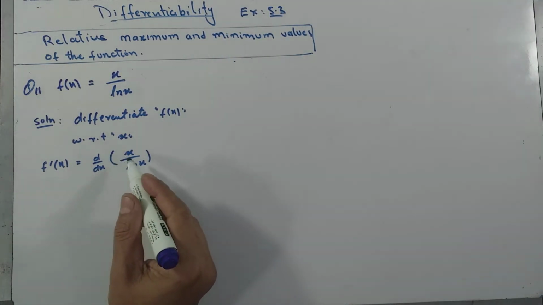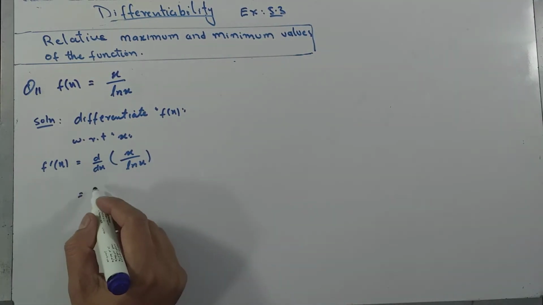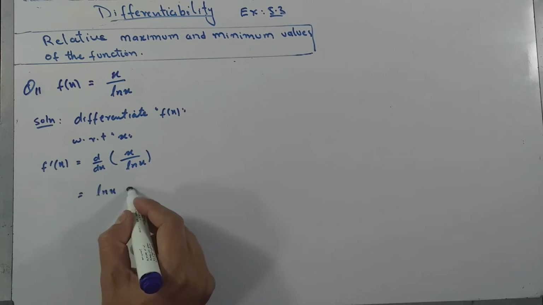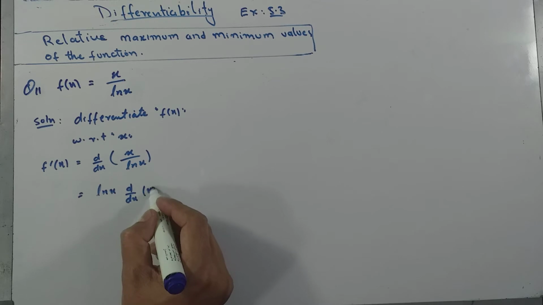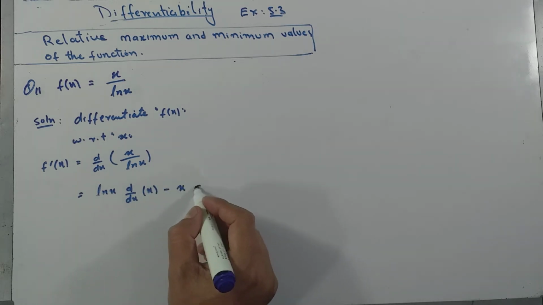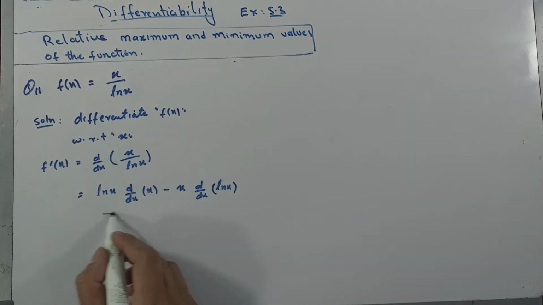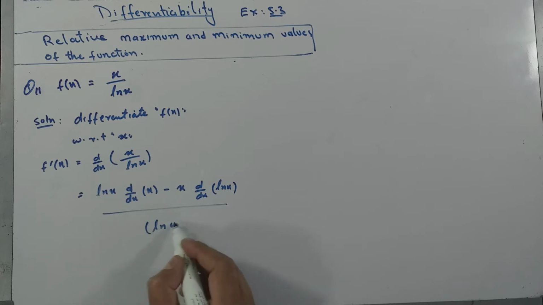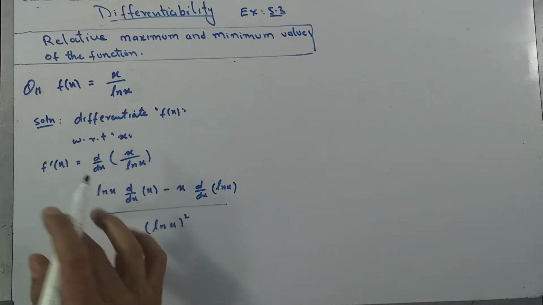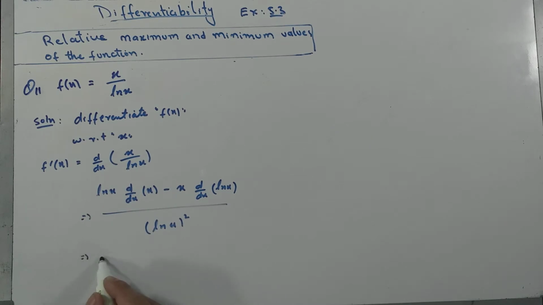Now here is x divided by ln x. So low means ln x, d high is derivative of x, which is 1, minus high x, d low is derivative of ln x, which is 1 upon x, over low square, ln x whole square.